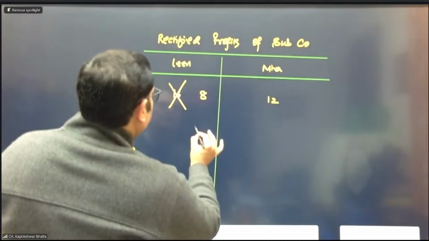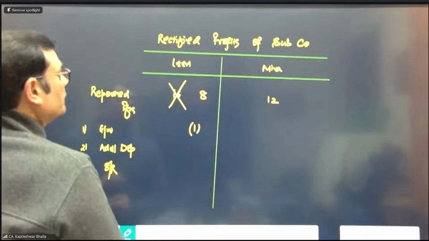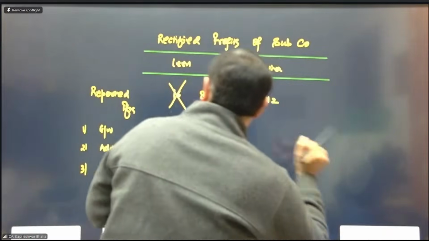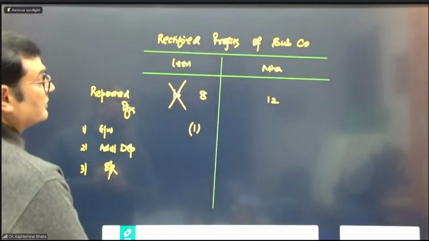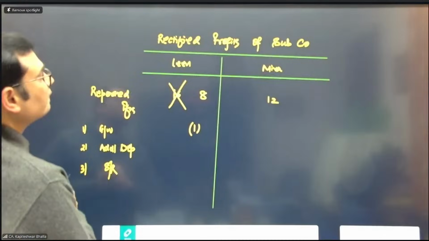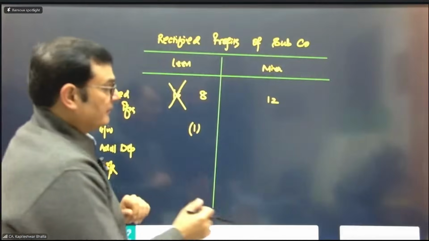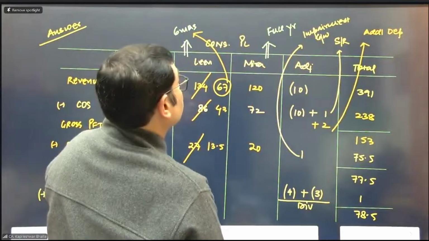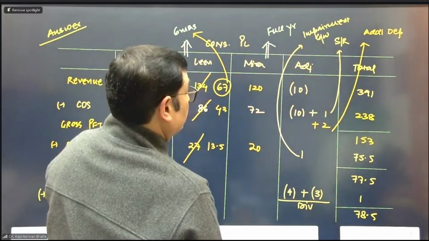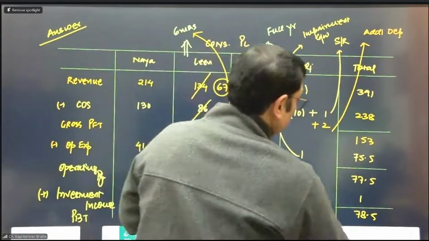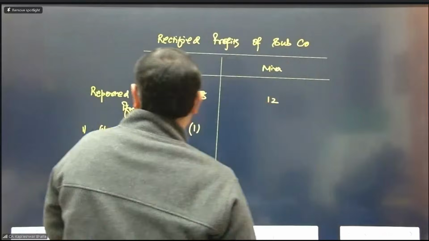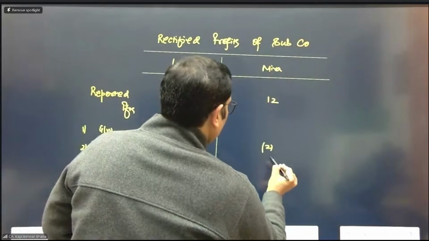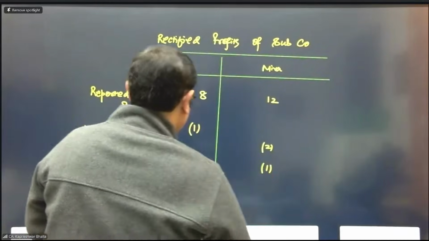This was impairment 1. The additional depreciation is 2 and the stock reserve is 1.